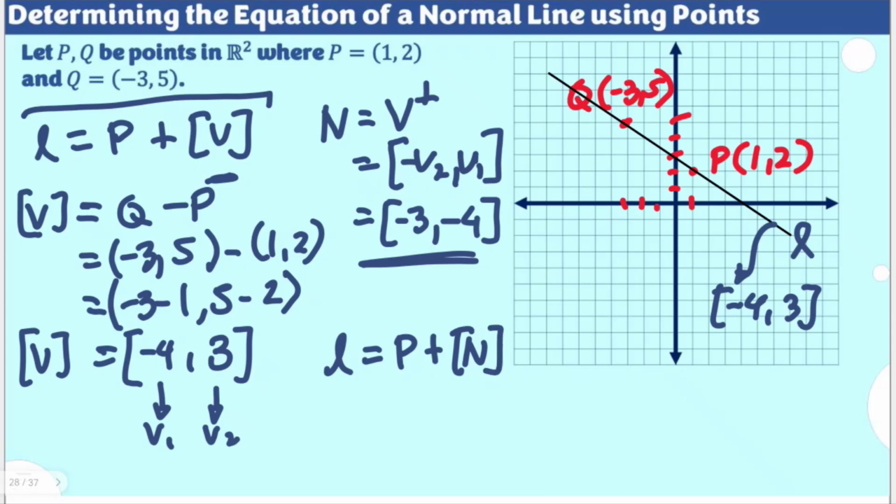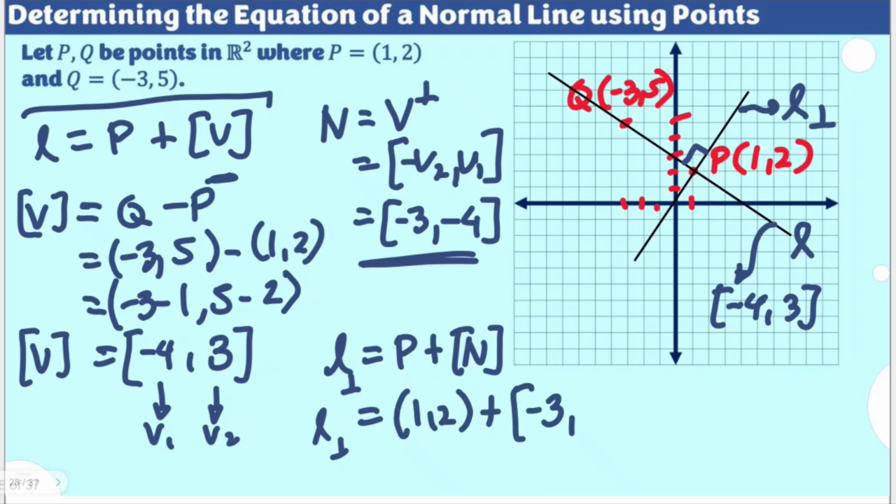If you use P, it would be this line here, a normal line which passes through P and is perpendicular. Let's call this L perpendicular, as it's the normal line in comparison to your line L. It passes through P, (1, 2), plus your normal vector, [-3, -4]. This is the equation of the normal line that passes through P.